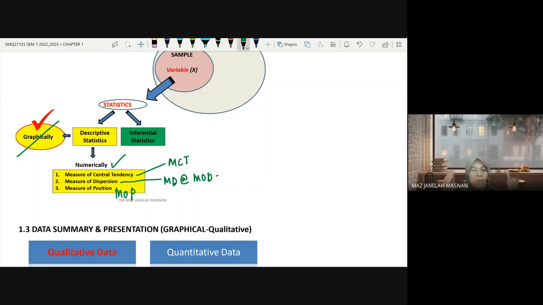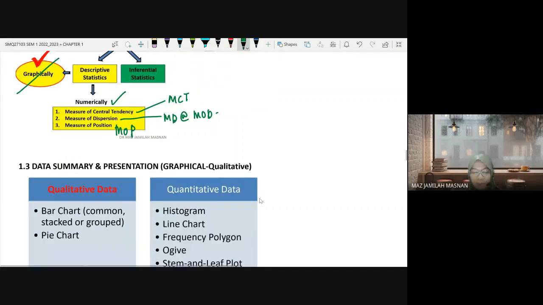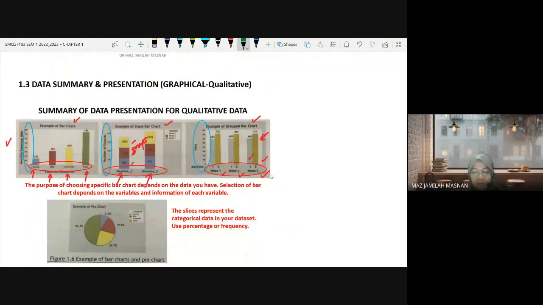Okay, so why do we need to know about these 3 numerical measures for our data? Apart from graphical, let us go back to our graphical. If you look at these particular charts, sometimes you cannot uncover more information from the charts that you generate.